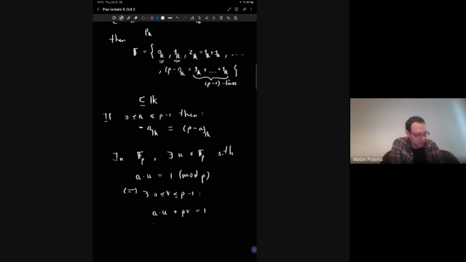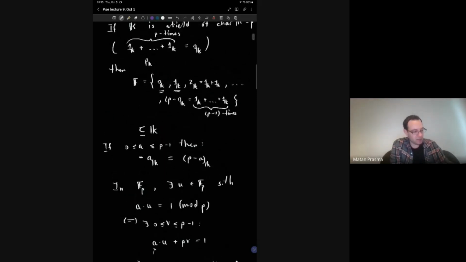I mean, what is a in Fp? A in Fp is simply 1 plus 1, a times, and the same for u, p, and v. So what I can deduce is that a sub k times u sub k plus p sub k times v sub k is equal to 1 sub k. But p sub k, this is what is written here. P sub k is 0.